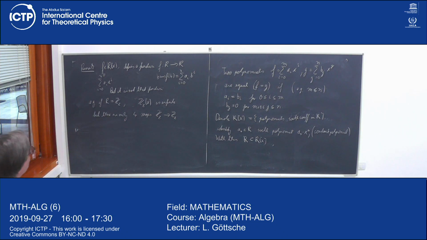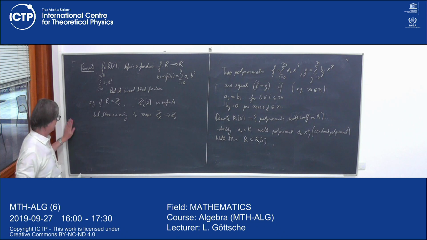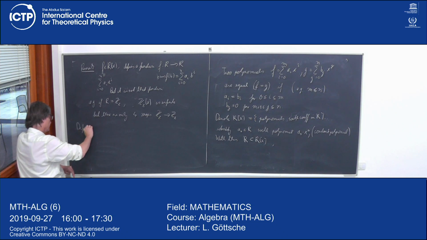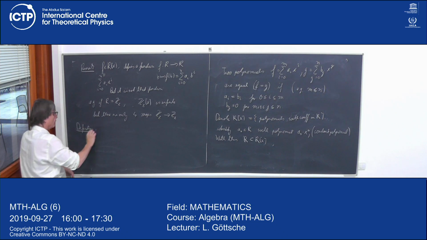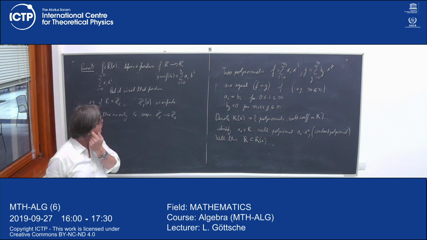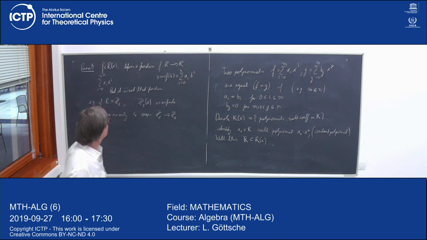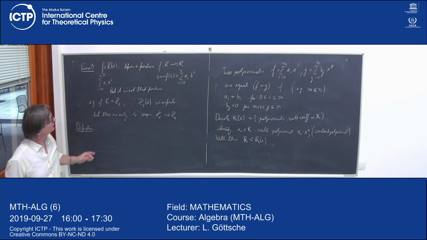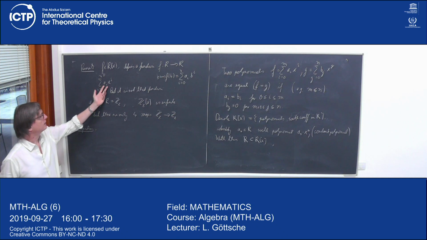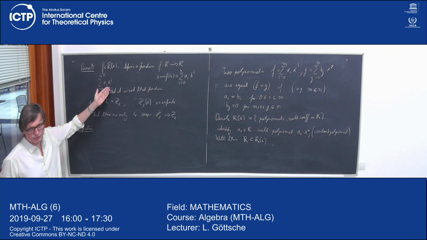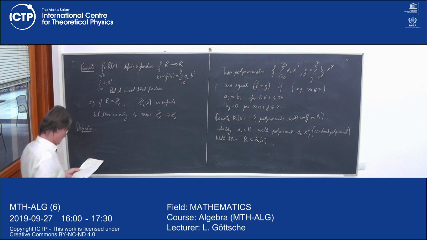Now, obviously, we want this to be a ring, so we have to define the ring structure. So the addition is just component-wise, as you would imagine, and the multiplication we do by formally multiplying out, saying that x^i times x^j is equal to x^(i+j), and then applying the distributive law. And this gives us a formula.